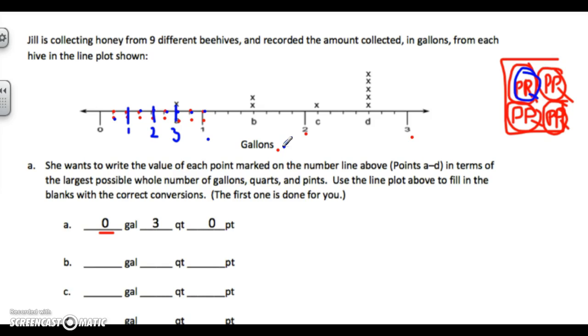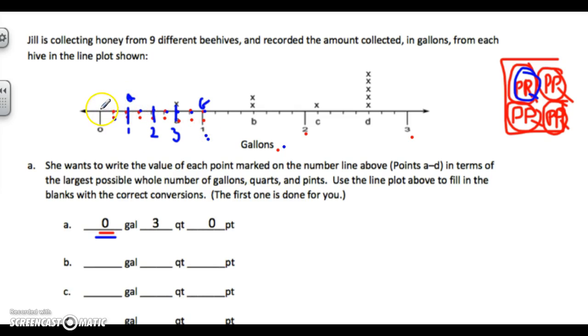Okay, so every slash is a pint, but every 2 slashes is a quart, and every 8 slashes is a gallon. So I can see here, we already discussed this is 0 gallons because it's more than 0, but it's still less than 1.